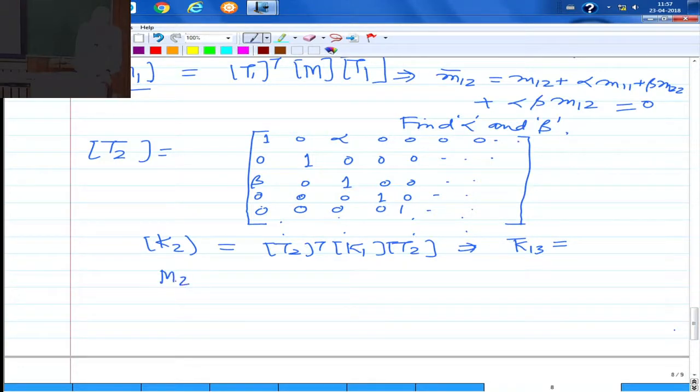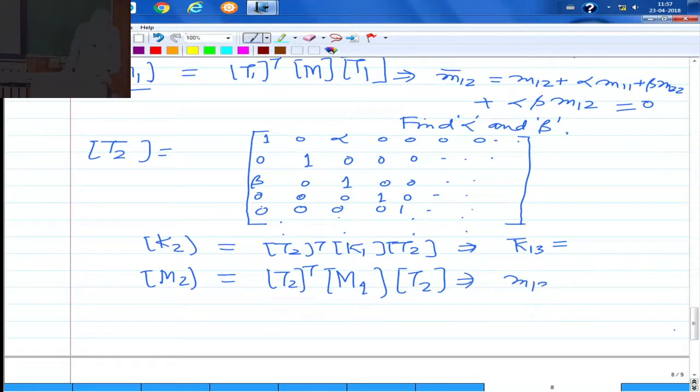Similarly you construct M2. M2 is taken as again T2 transpose into M1 into T2, and from this you will get an expression for M13 bar.